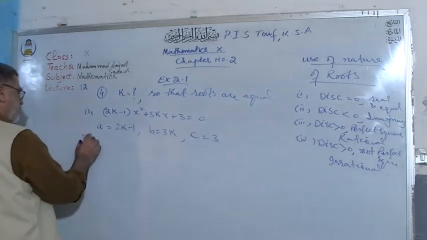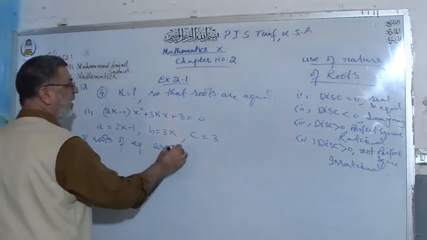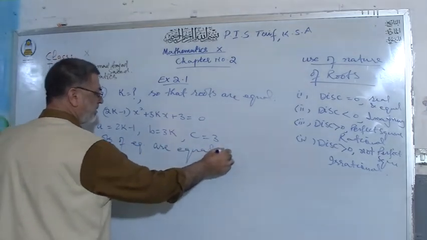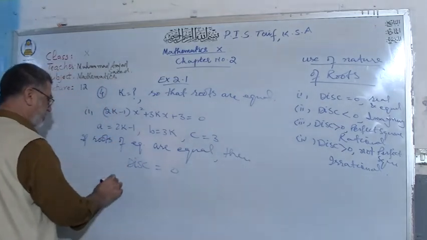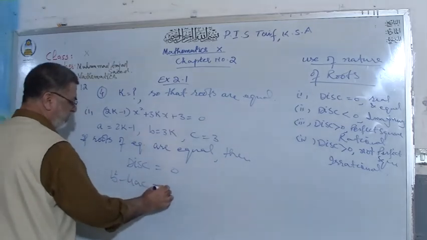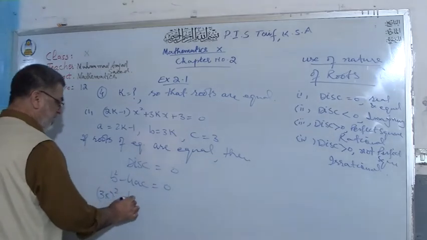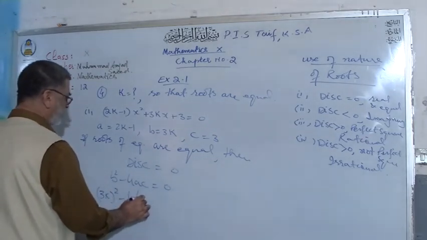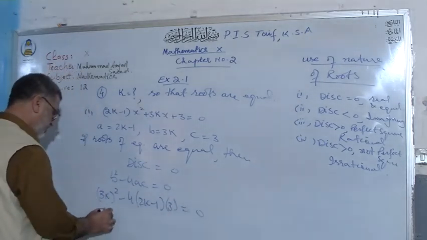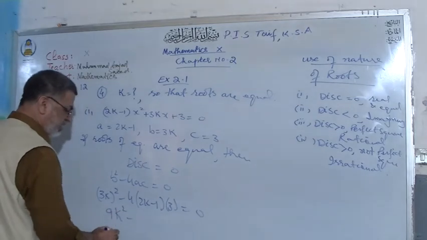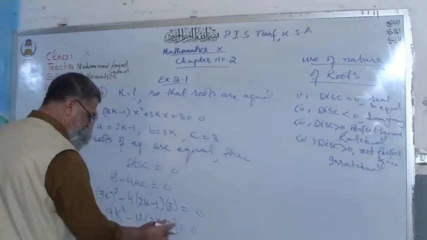If roots of the equation are equal, then the discriminant must be equal to 0. b square minus 4ac is equal to 0. 3k whole square minus 4 into a, which is 2k minus 1, and c is 3, that is equal to 0. 9k square minus 12 into 2k minus 1 is equal to 0.